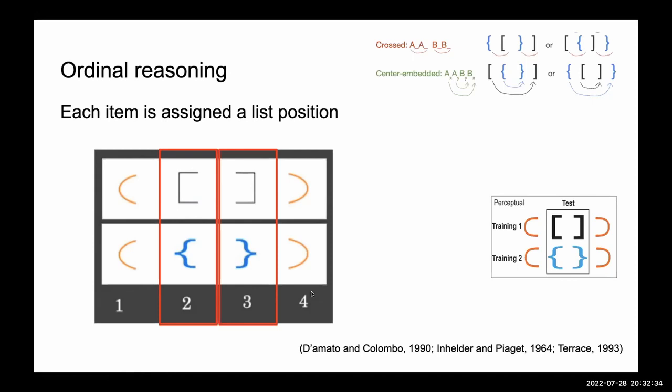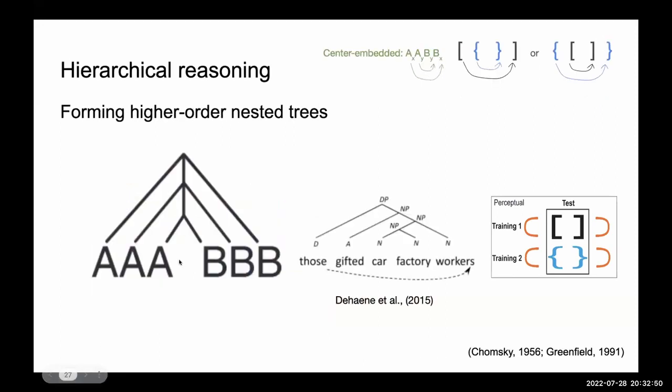And if you were just paying attention to ordinal position, if you were just satisfying that constraint, you would generate an equal amount of these cross and center embedded sequences. Both of them would be valid. Finally, if you were using only hierarchical reasoning, which is typically considered to use these mental representations called nested tree structures, you would selectively generate center embedded sequences.